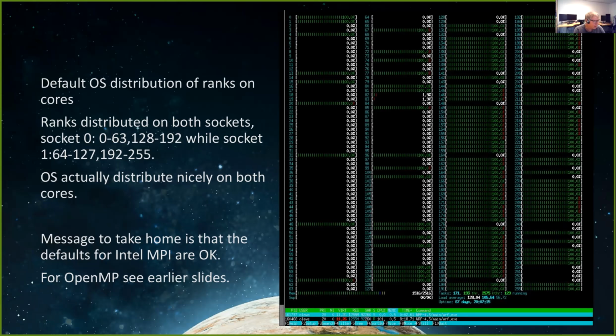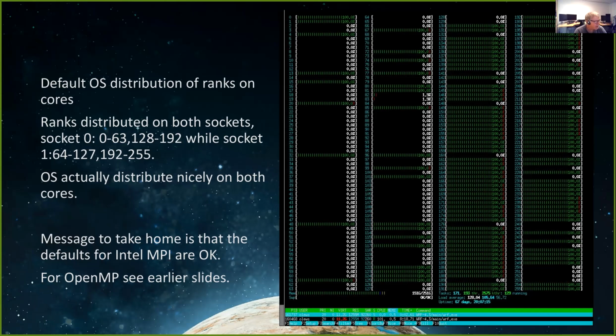So letting the operating system deal with this normally makes it reasonably okay. This is done with Intel MPI, and the defaults are quite good. Intel is famous for doing a lot of optimization by default, which is good for 90% of the users and bad for 10%, but they claim it's better to have the defaults best for the majority of average users.